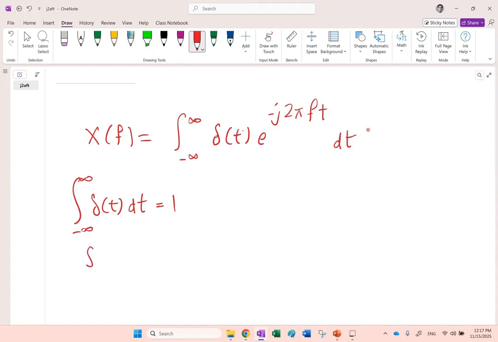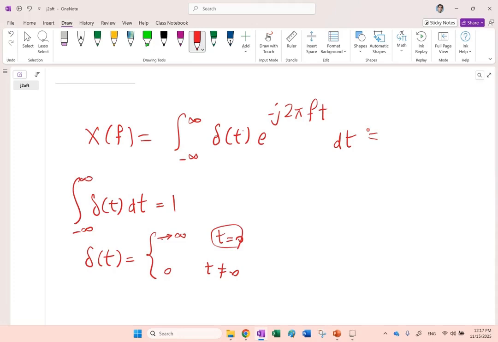And this delta function, remember that it's always 0 if t is not equal to 0, and when t is 0, this function converges to infinity. So this whole integral only has value when t is equal to 0. At non-zeros, this has nothing.